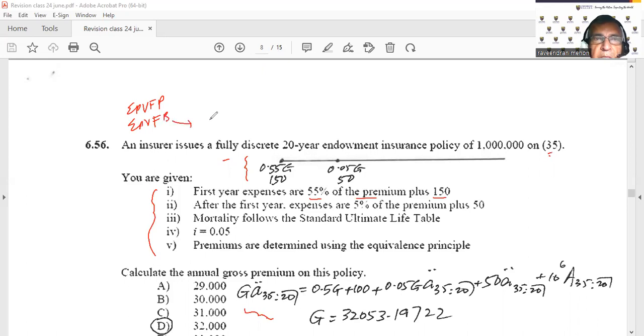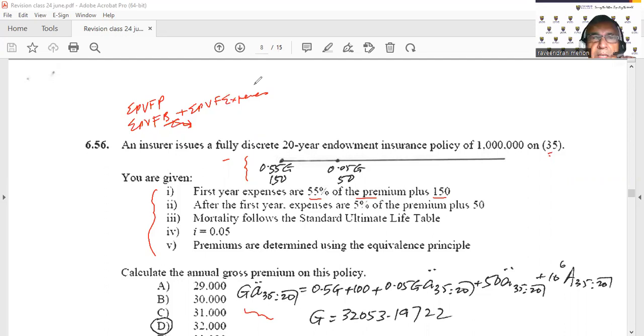And remember that these benefits now we have, maybe I shouldn't write it like this. Let me add, right? Expected present value of future expenses. And in our class earlier, I told you that I just remember it as expected present value of future benefits, because benefits is money going out, and that will include your benefits plus your expenses.